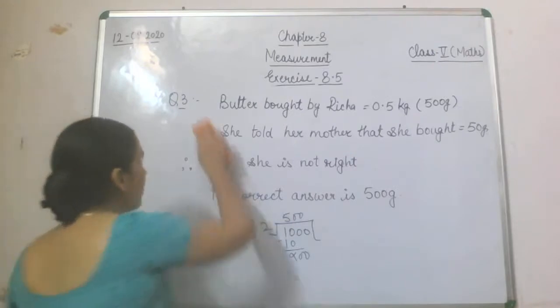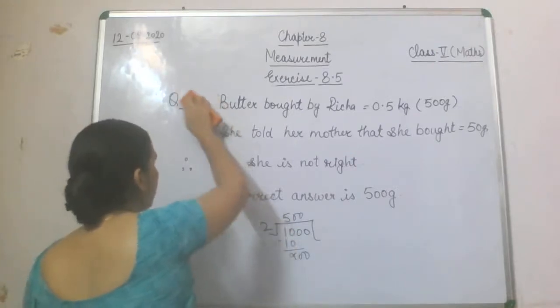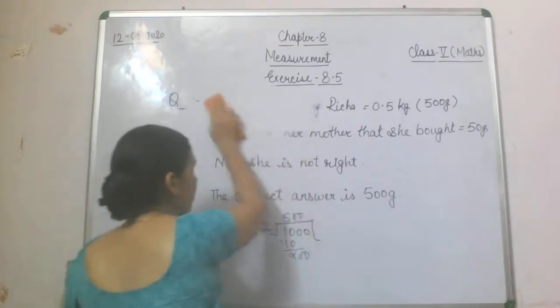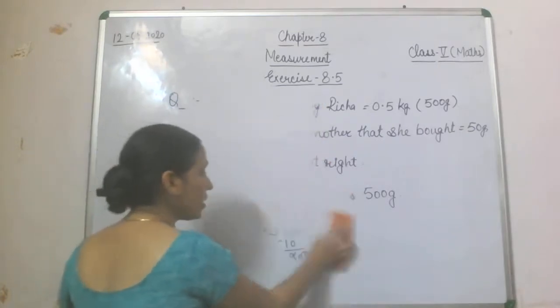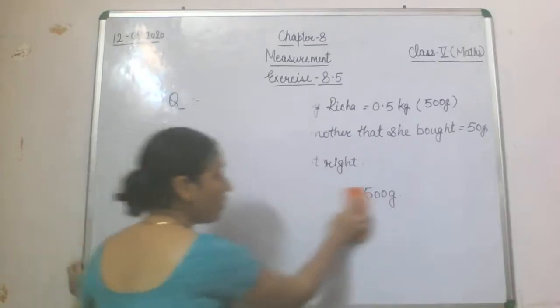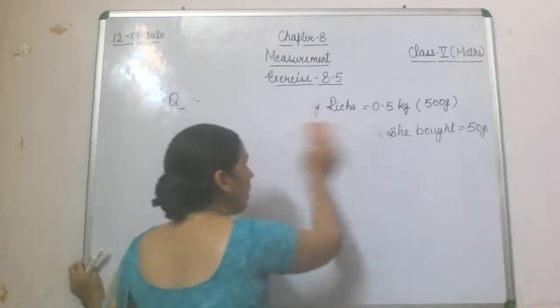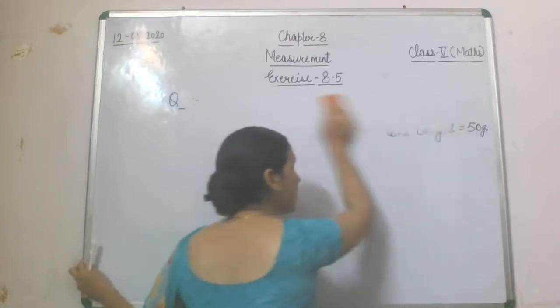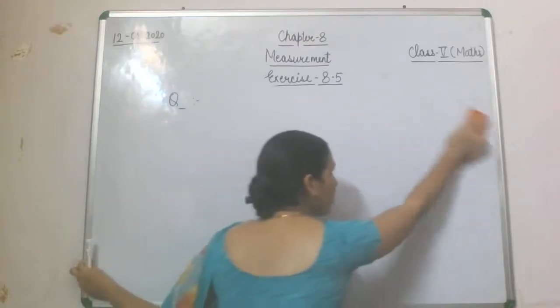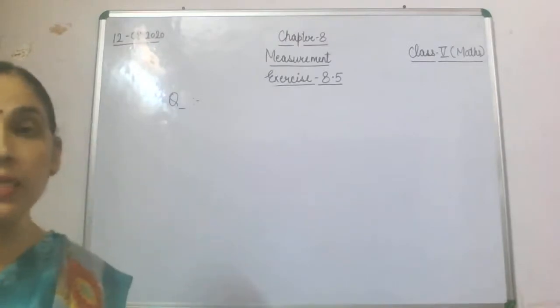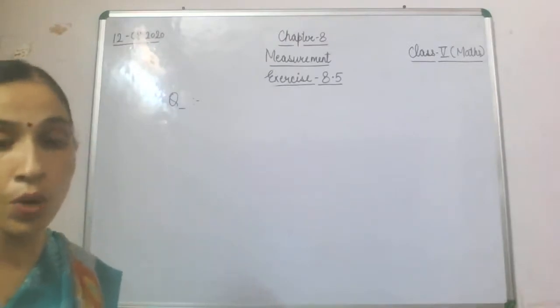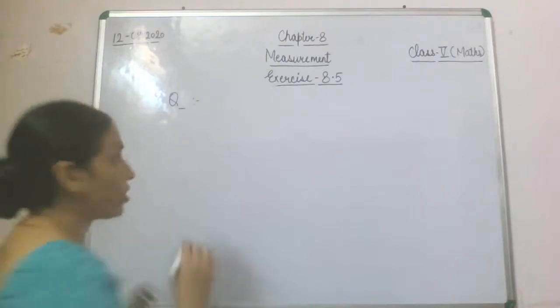These are quite interesting questions. Why? Because they will help you find out the correct weight. Whenever we were doing questions, we were often converting kg into gram, but these questions will tell you the utility of this conversion.